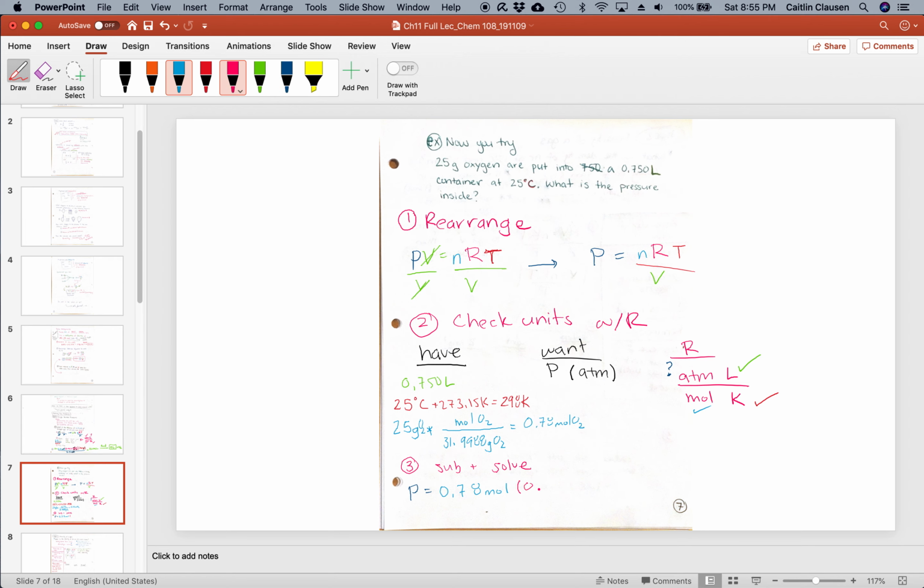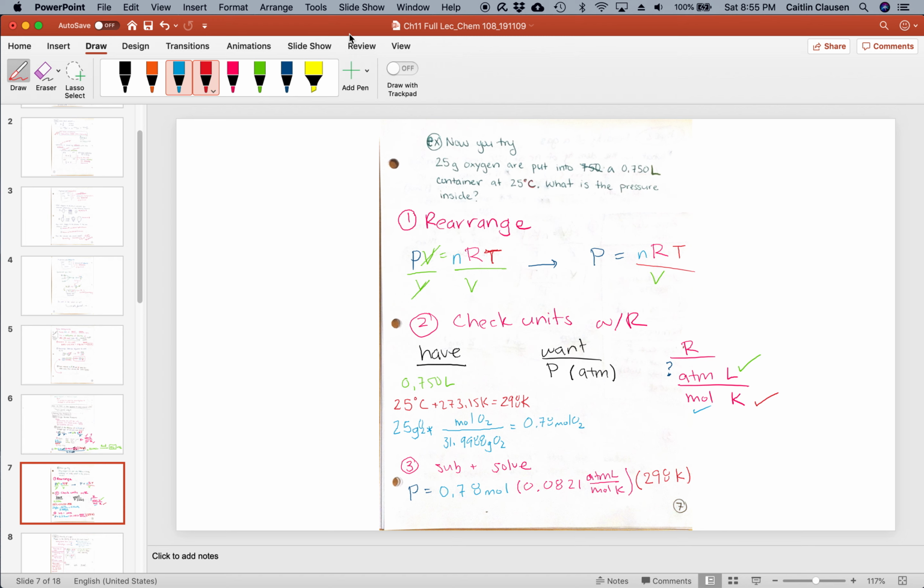It's going to stay the same always and forever in the ideal gas law equation. Write out all those units, liters, moles, Kelvin, multiplied by temperature, and that we calculated to be 298 Kelvin.